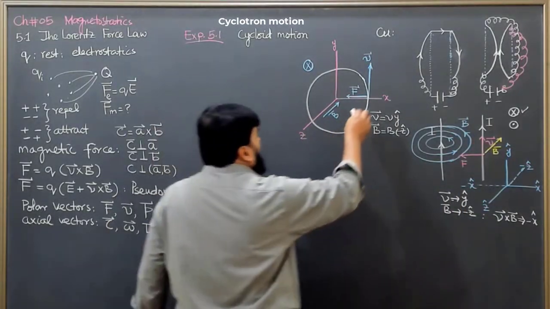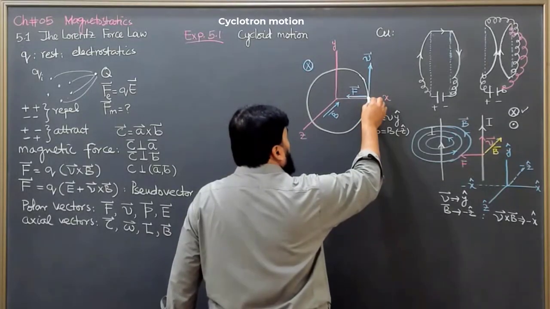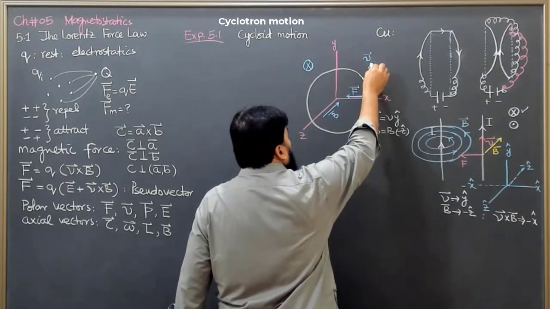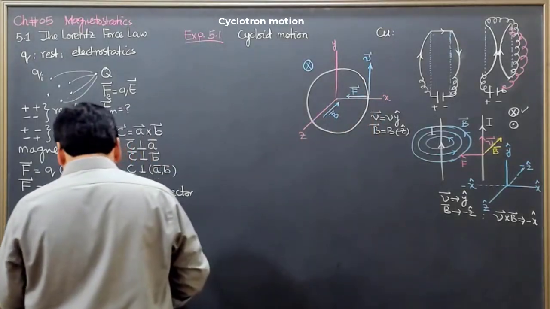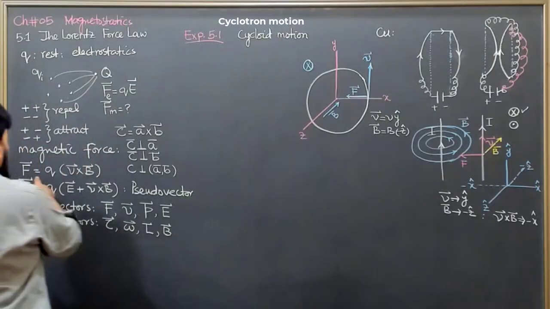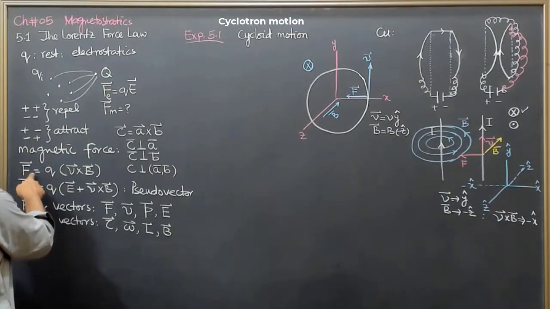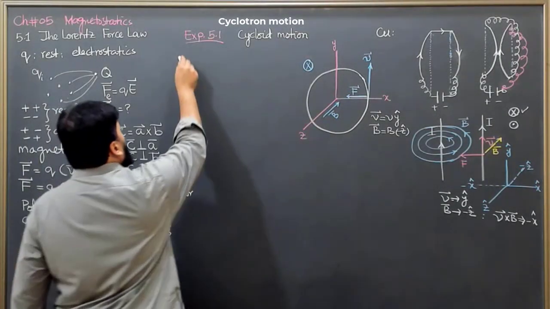And then what will happen? The particle is going in this direction, and the force on this particle is from here. It will be F = qvB cos.